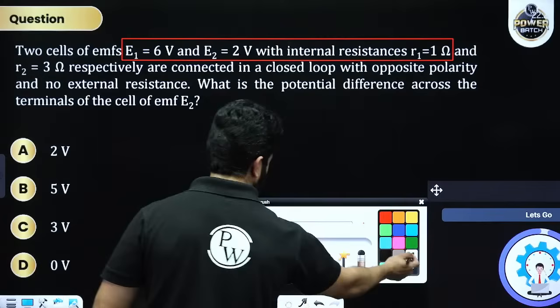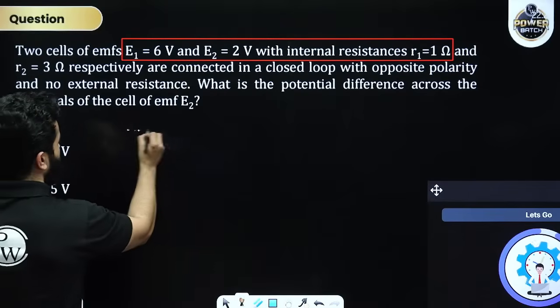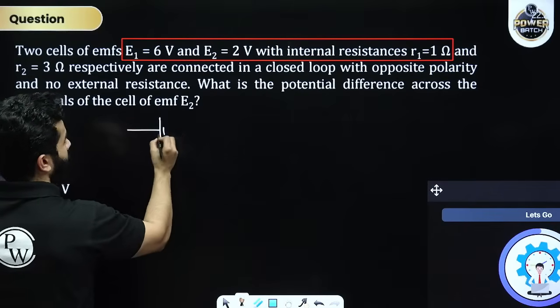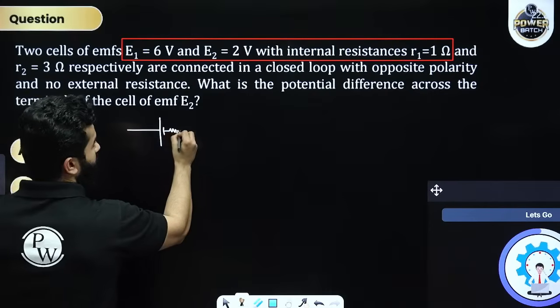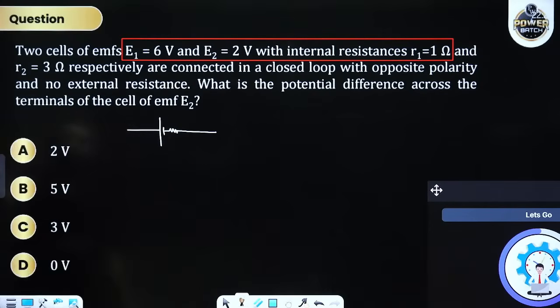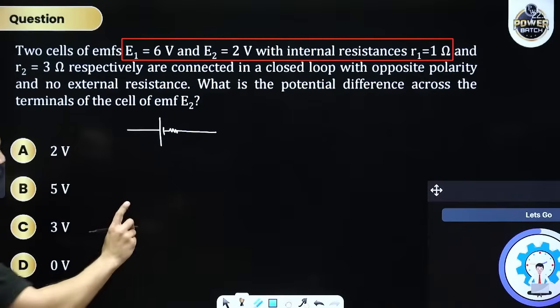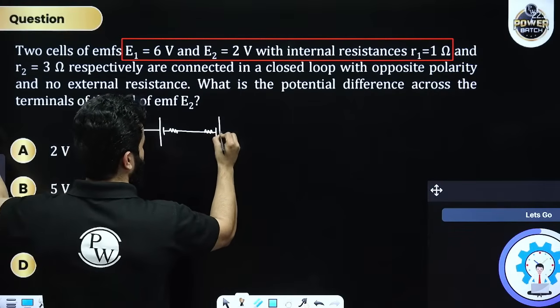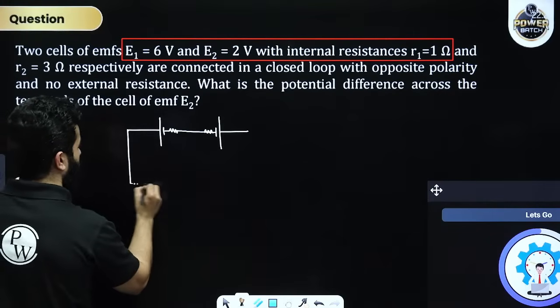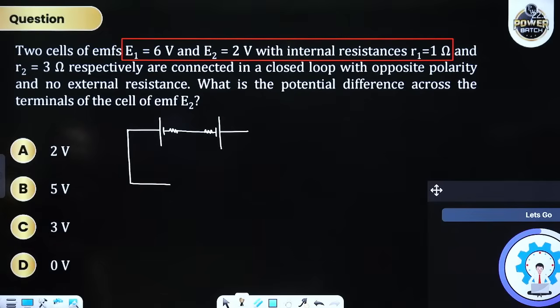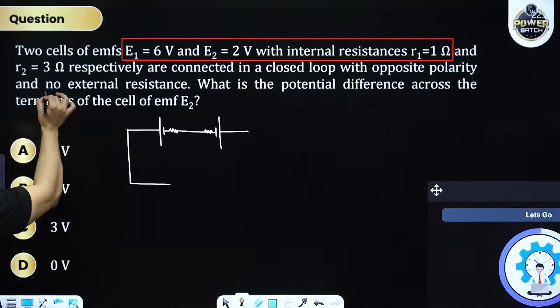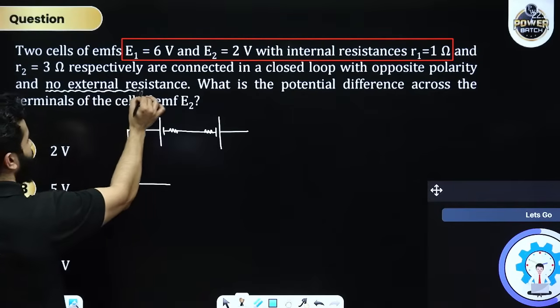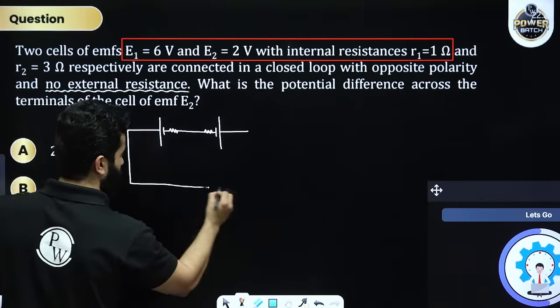They are talking about that, let's suppose we have got an EMF E1 with some internal resistance, and E2, they are connected with opposite polarity. So that means something like this. And there is no external resistance.